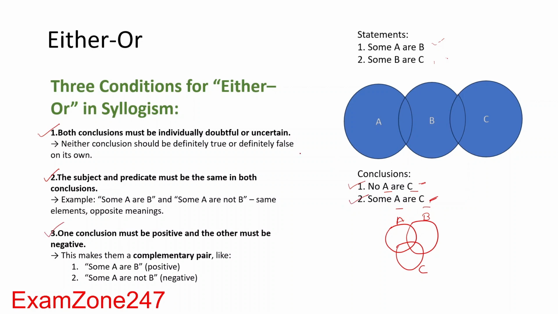When all these three are true, and you have the options only one, only two, either one or two, neither one nor two, you simply mark either one or two is right. So this is what either or in syllogism means. When you simply apply these three conditions, you will easily be able to solve this type of question.